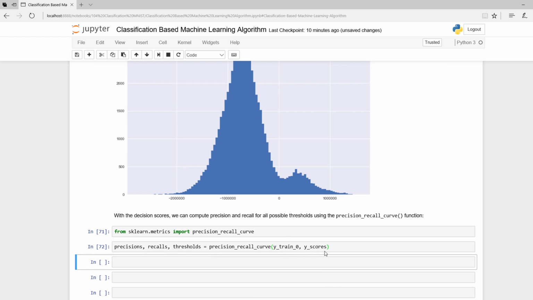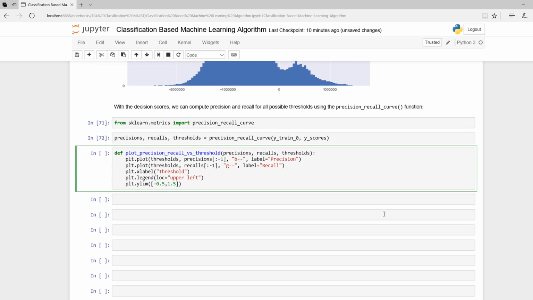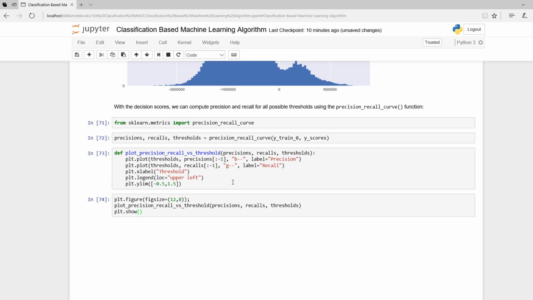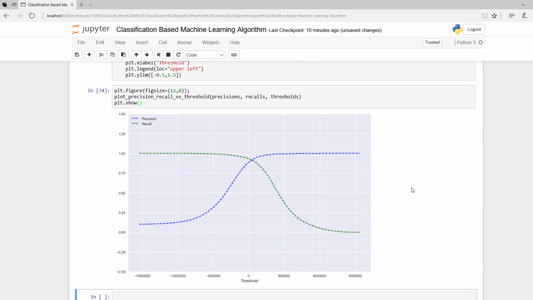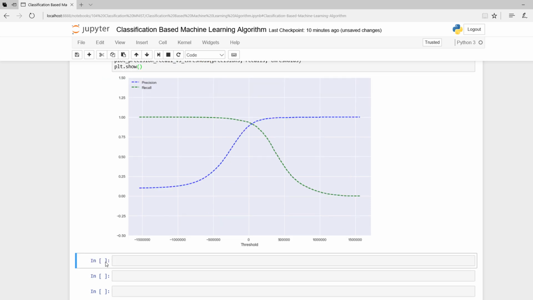We're plotting our actual 0 with the y-scores. That gives us the thresholds, the recalls, and also the precisions. I'm going to plot the precision recall versus threshold function so that we can visualize this. If you look at this, the blue line being the precision, the green line being the recall. And if you have a good look at it, you can see that you can make selections.